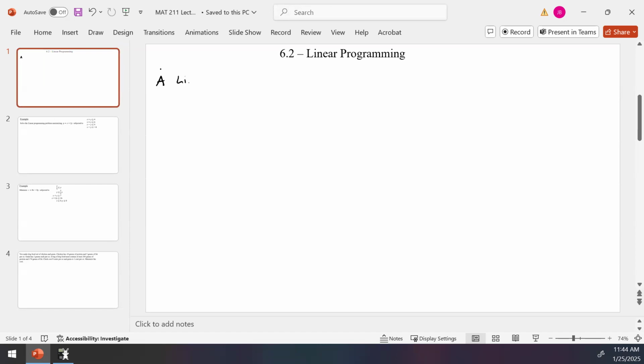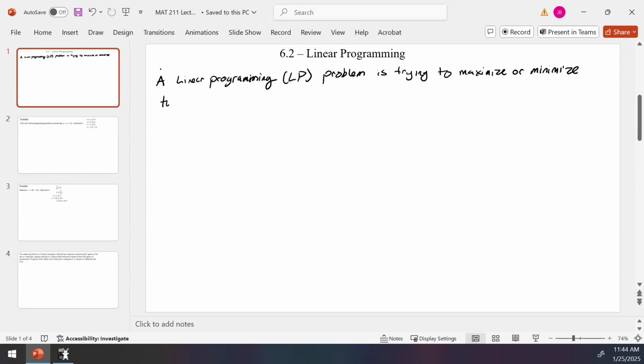A linear programming problem, and we'll abbreviate it as LP, is trying to maximize or minimize two variables, X and Y usually, but it doesn't have to be X and Y, of the form.